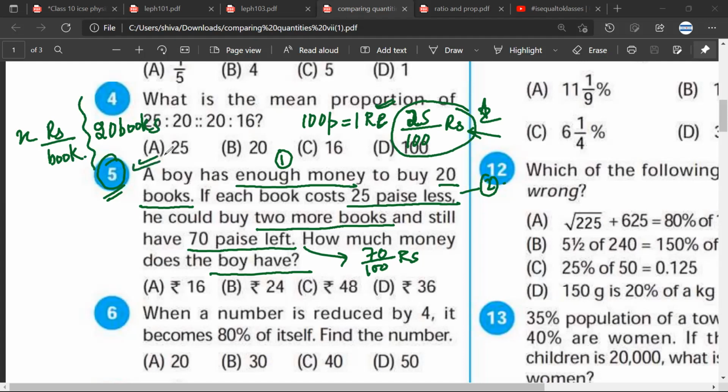Because he is able to buy 20 books, the total money that he would have would be equal to rupees 20x. Have you understood this? Yes, sir.